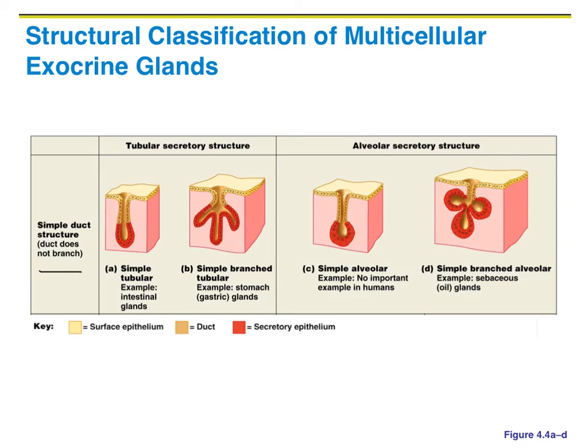If the secretory unit forms a tube, it's referred to as tubular. If the secretory unit forms a balloon or sac-like structure, this is known as alveolar. Again, the duct area is not branching on any of these.